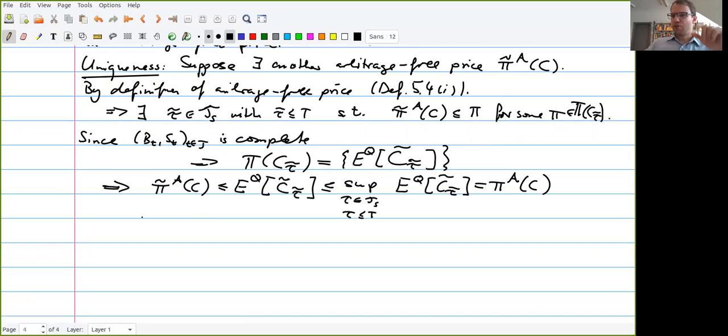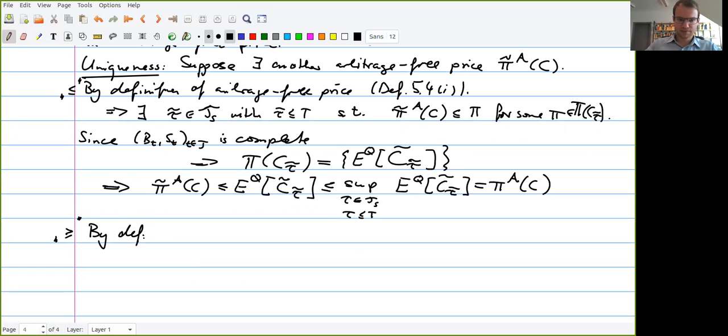Okay, so now we want to show the inverse inequality. So this is P, and this here is the other one.